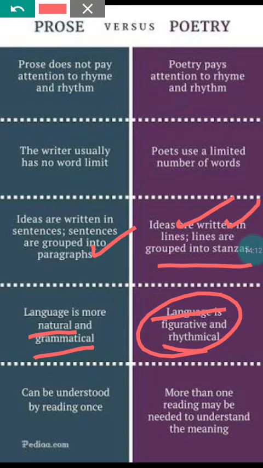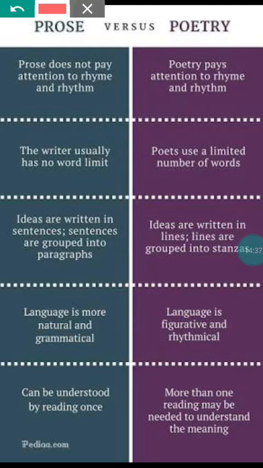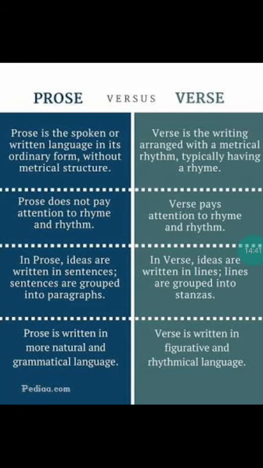You need to use hyperbole, juxtaposition, a rhyming scheme, symbolism, metaphor, simile, and other stylistic devices. Poetical devices cannot be understood by reading once; more than one reading is needed, because poetry is selected diction.